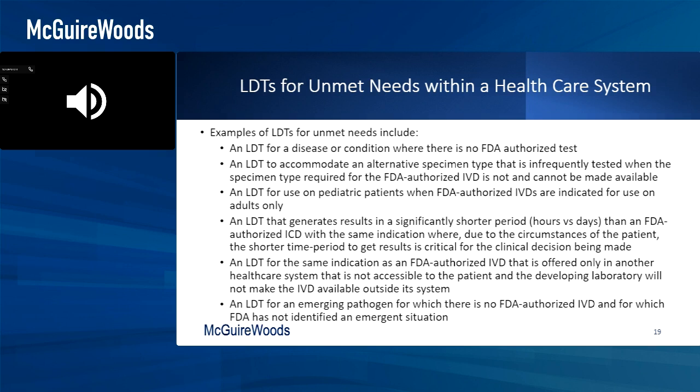And is the unmet need niche that I'm trying to take advantage of really an effervescent option, or is it just there for a little bit of time and then it'll go away? Because we try to find niches of enforcement discretion sometimes when our instincts are to always find those. I think one of the key things Allyson was talking about is, look, this is more of a traditional LDT.